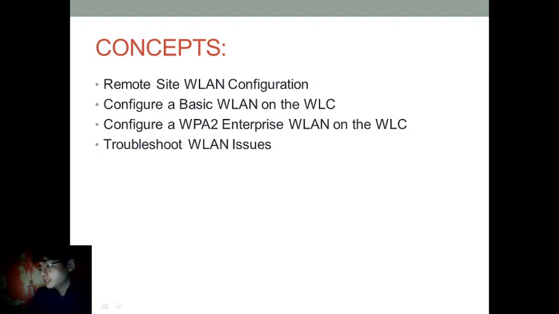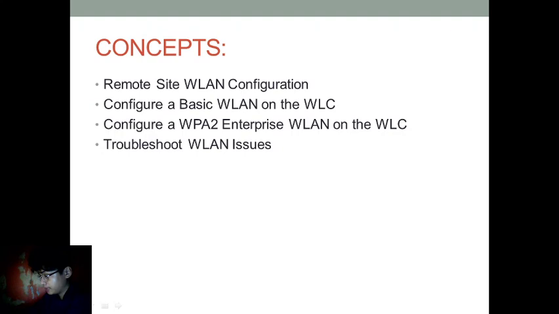Topology and addressing scheme used for the examples are shown in the table. The access point is a controller-based AP as opposed to an autonomous AP. Recall that controller-based APs require no initial configuration and are often called lightweight APs, or what we call LAPs.